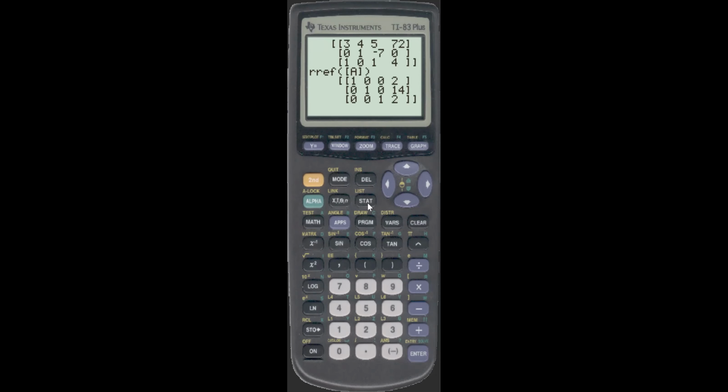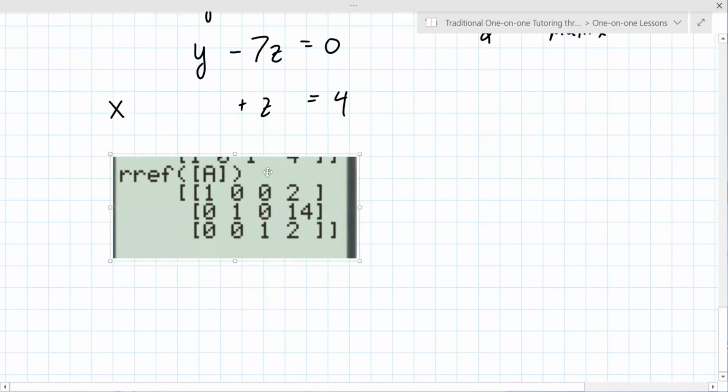Anything you want me to review on the calculator before I jump out of this? I think I'm good. Okay, hopefully you got the same numbers. If you didn't, try it again, or we can do it again. So going back to the other screen here. The first column is X, the second column is Y, and the third is Z. So the first one means X equals 2.